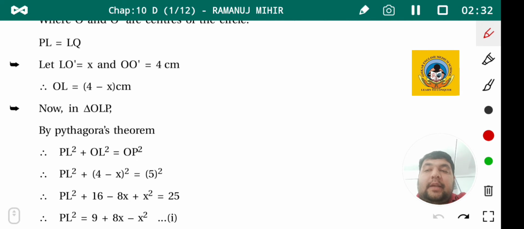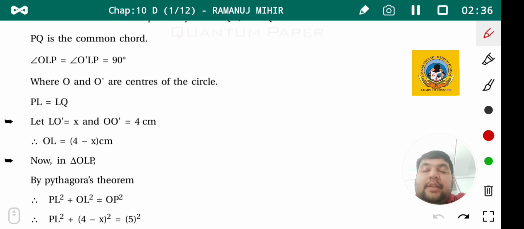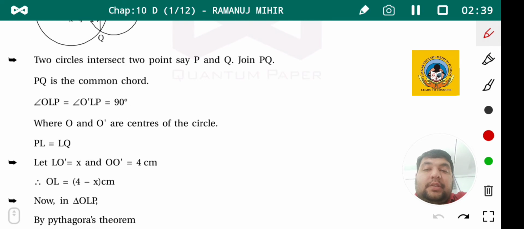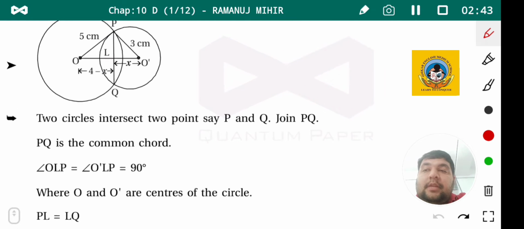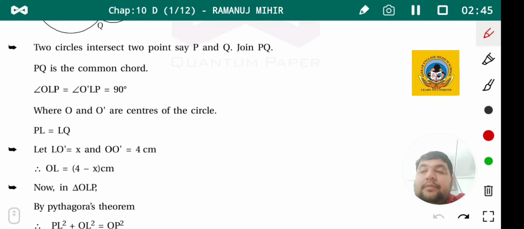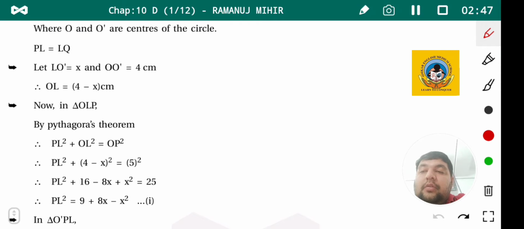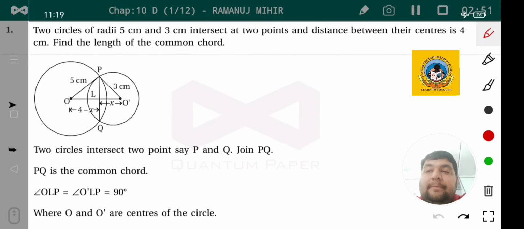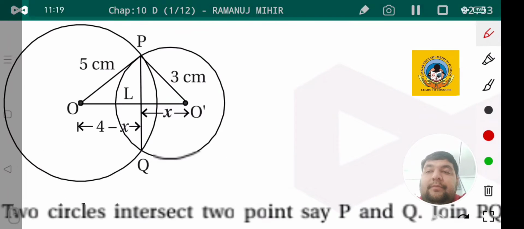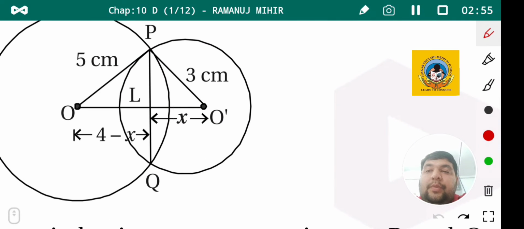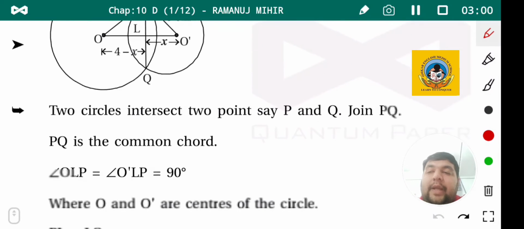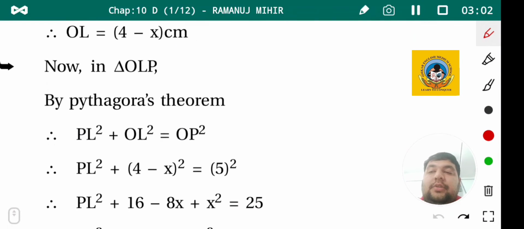Now use the Pythagoras theorem. What is the Pythagoras theorem? The square of the hypotenuse is equal to the sum of the squares of the other two sides. So now OP is the hypotenuse. See in the figure, OP is the hypotenuse, and PL and OL are the other two sides.